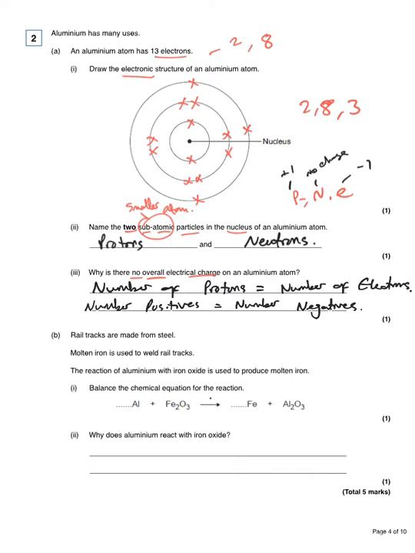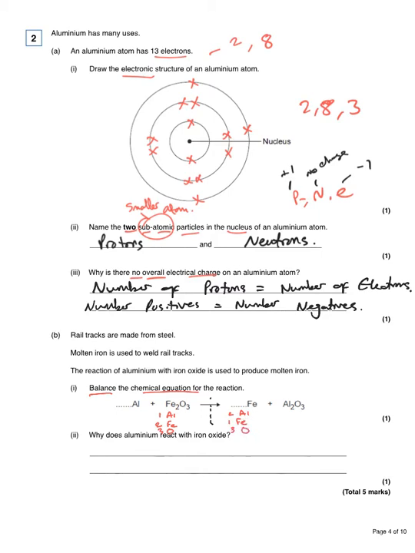The next question is asking me to balance this chemical equation. So what you do is you count up the number of each type of atom on each side. So I've got 1 aluminium there, I've got 2 iron, and I've got 3 oxygen. I have 2 aluminium, I have 1 iron, and I've got 3 oxygen.